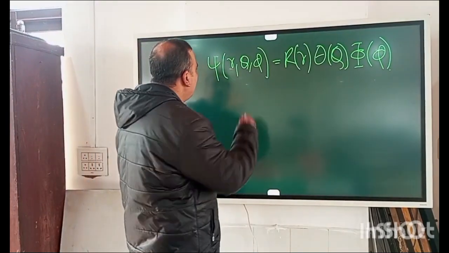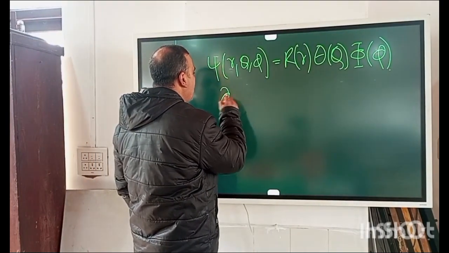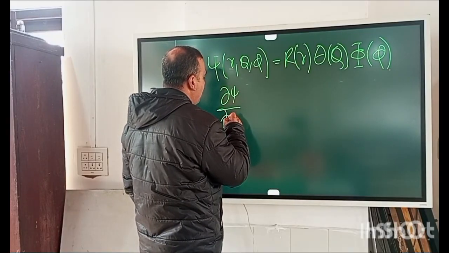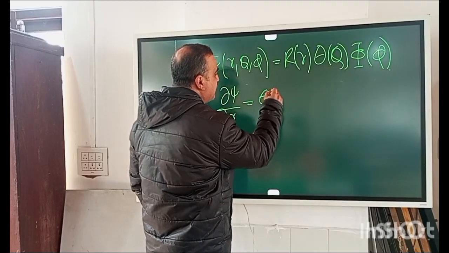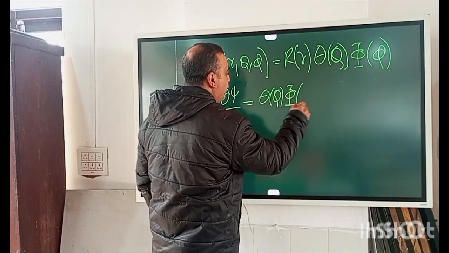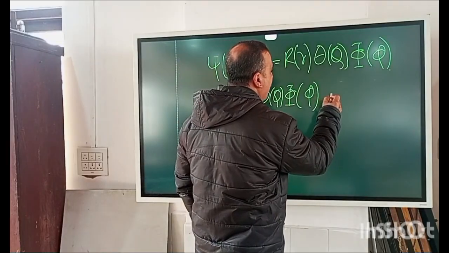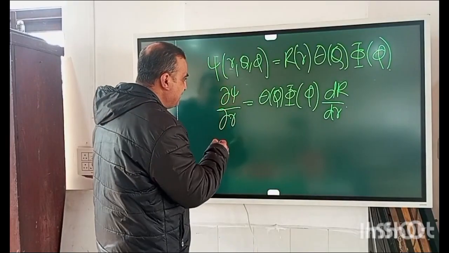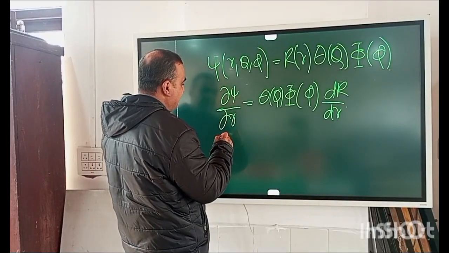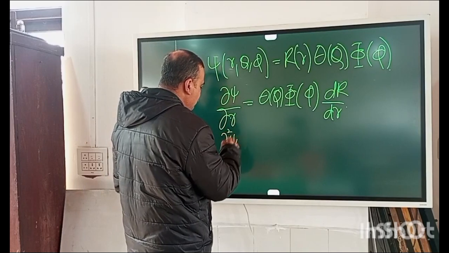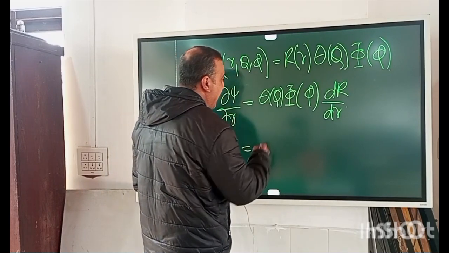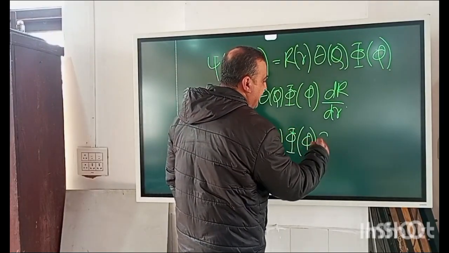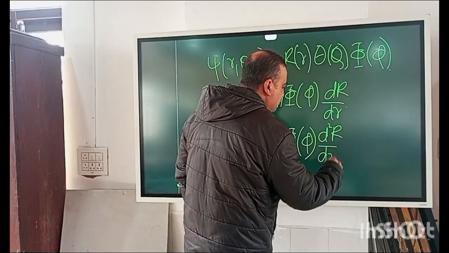So here we can have dou psi by dou r, which is Theta of theta, Phi of phi, and then dR by dr. I can differentiate it again, and this will give me dou 2 psi by dou r2, with the same thing, Theta of theta, Phi of phi, and then d2R by dr2.